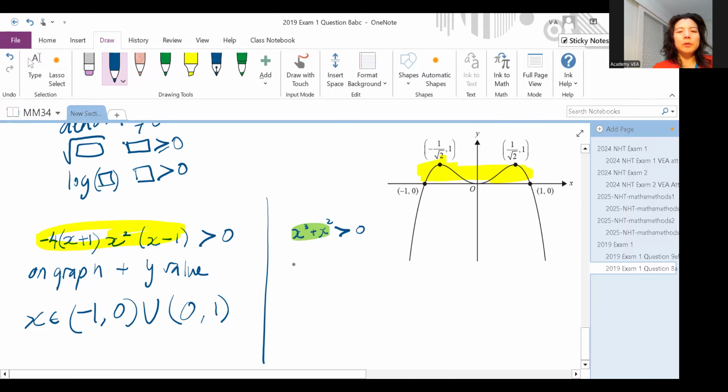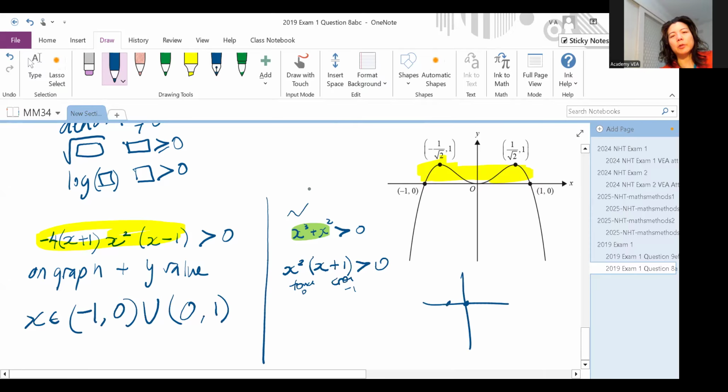And so what I did was I factorized out. Now, in my haste the first time, I factorized out the wrong factor. So you should factorize x squared, which leaves you x plus 1. And then if you were to think about this numerically, let's say you don't know what this looks like. Actually, you could sketch this. This one has a sketch of touching at 0 and crossing at -1.